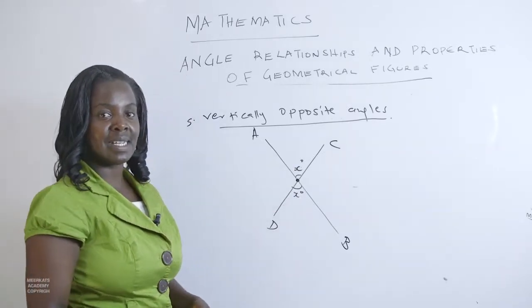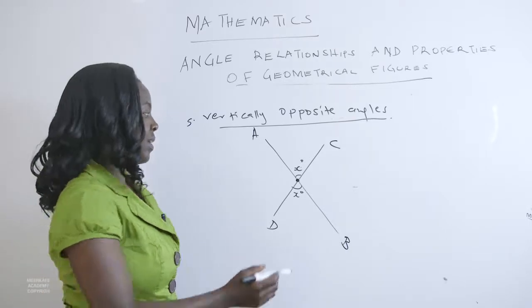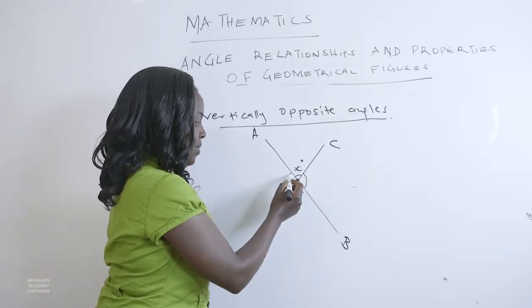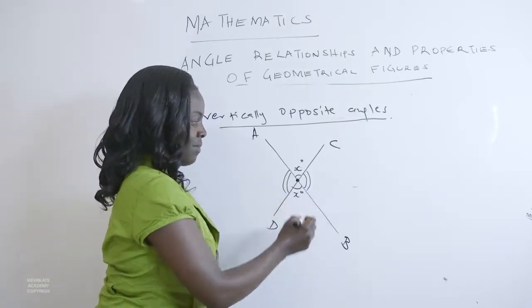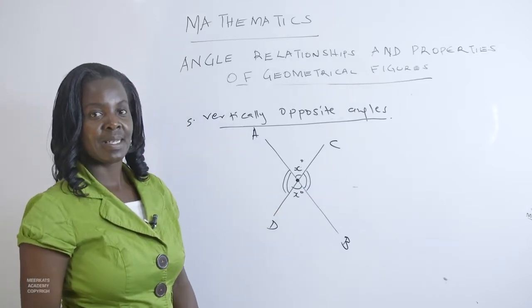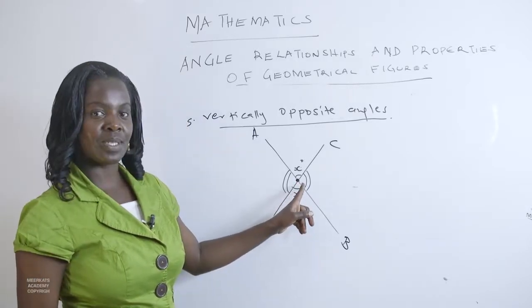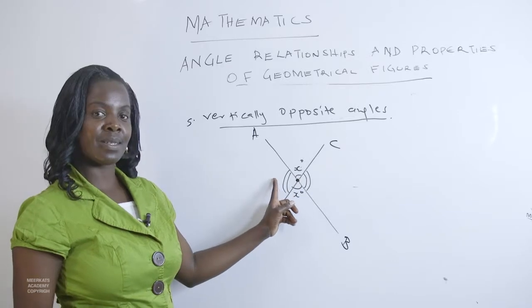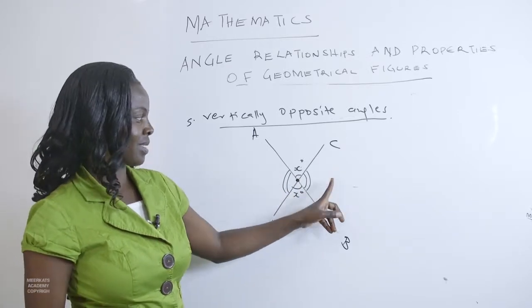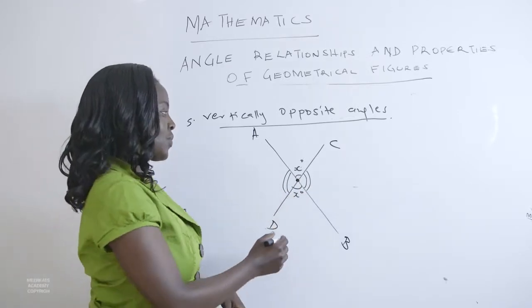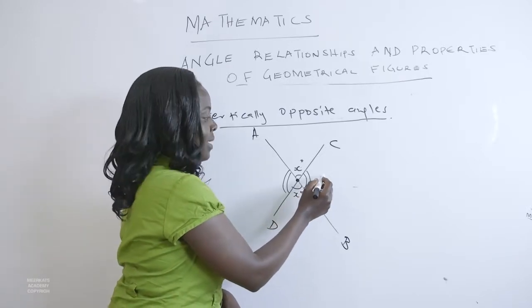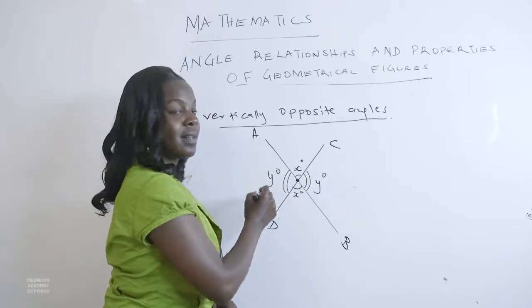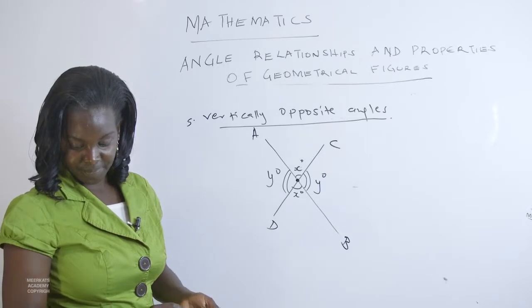So vertically opposite angles are equal. These ones are also vertically opposite. They share a vertex, but this angle is on this end, and this one is on the other side. They are opposite ends, so they are also equal. If this is y degrees, this will also be y degrees.